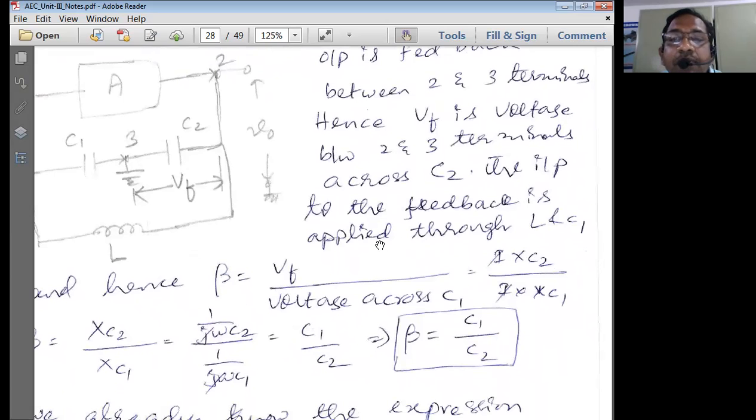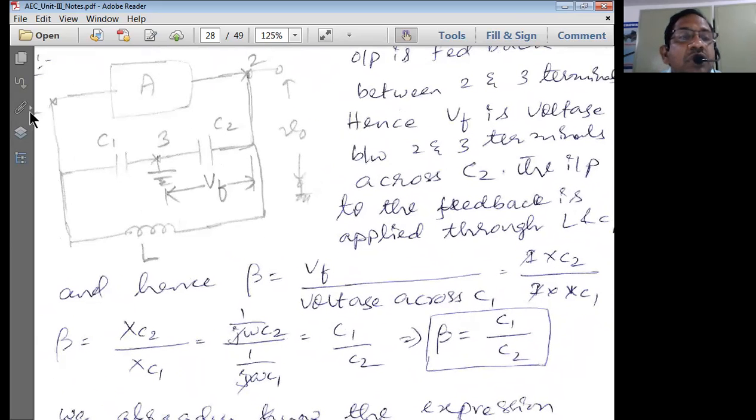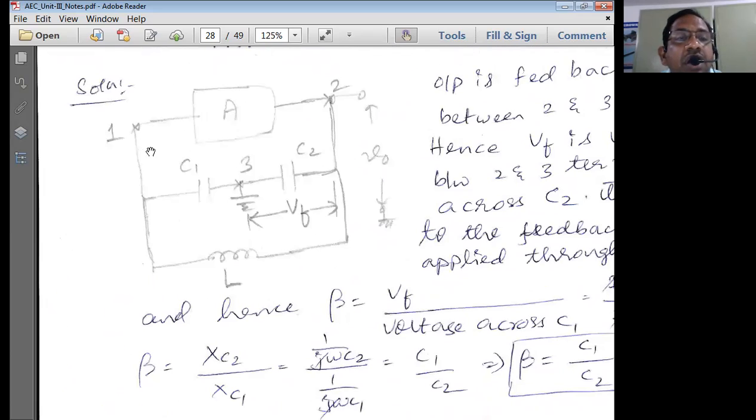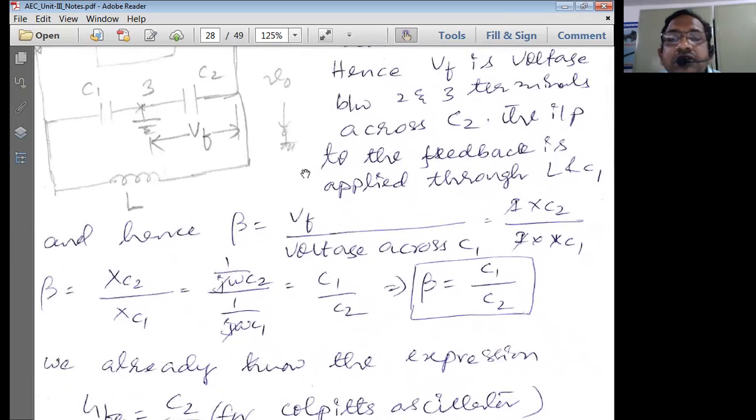The input to the amplifier from the feedback circuit is applied between the terminals 1 and 3. These are the input terminals of the transistor amplifier, so it is applied through L and C1.